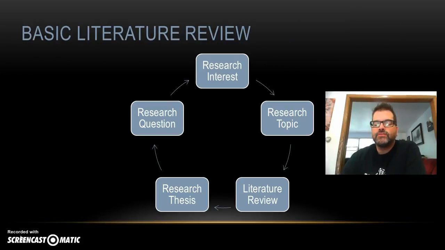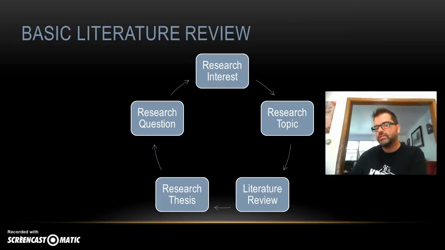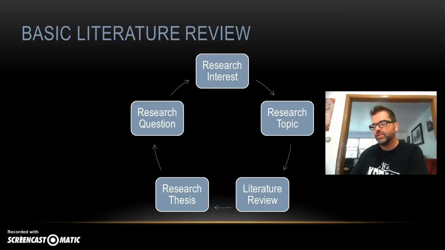So here we have kind of a flow chart. In a basic literature review, we want to talk about a research interest. Oftentimes you will either be given this by your professor, or you will be given a research interest in a research topic by your faculty advisor if you're a graduate assistant.